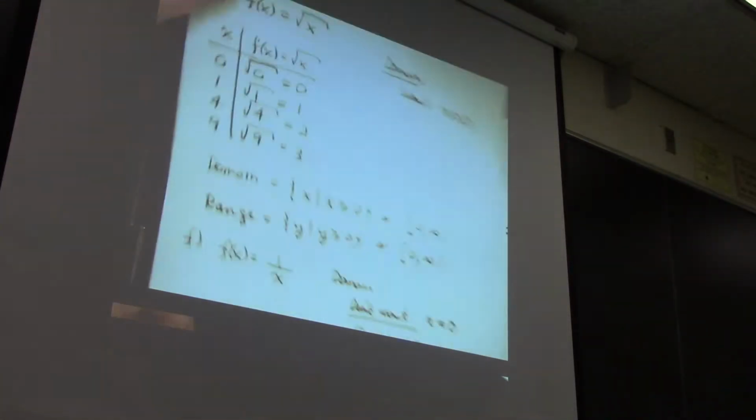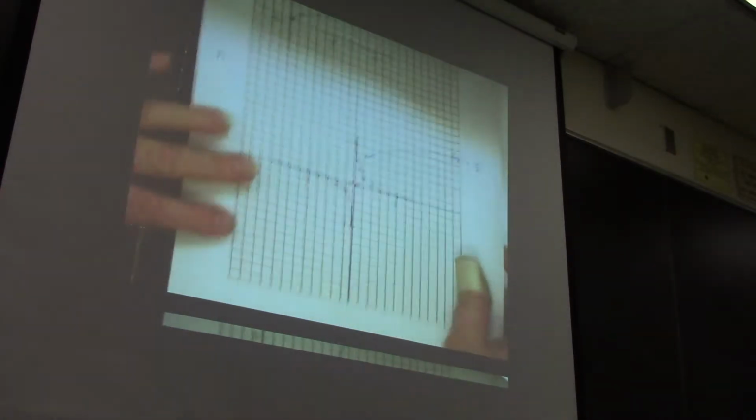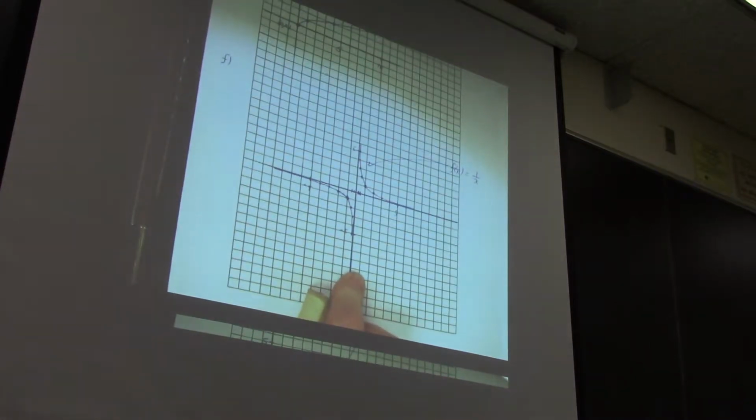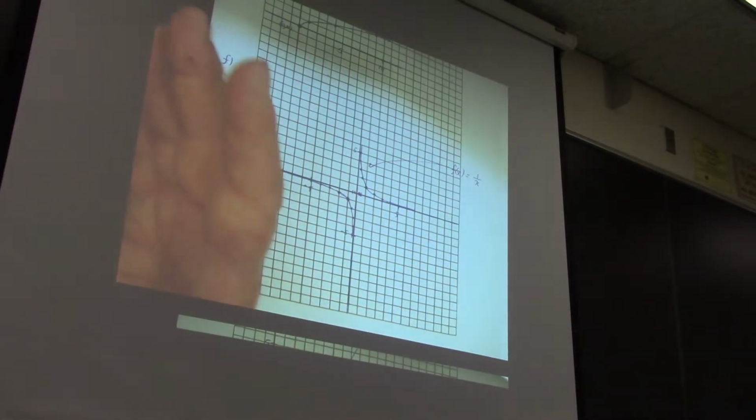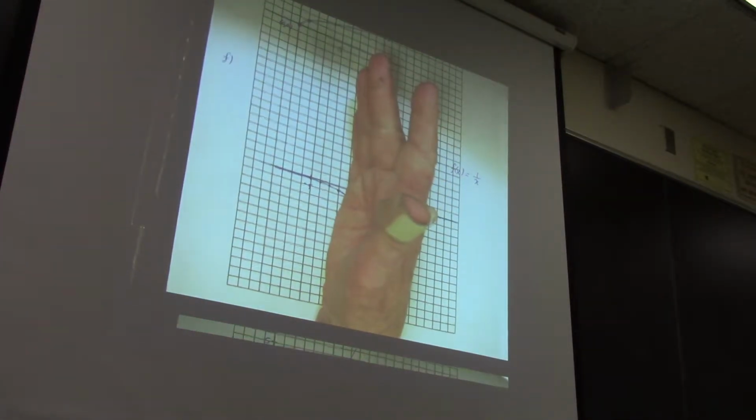And then there are the kind that have x's in the denominator, okay? And what happens to those graphically is that at whatever x makes you divide by 0, you have a vertical asymptote for the graph.